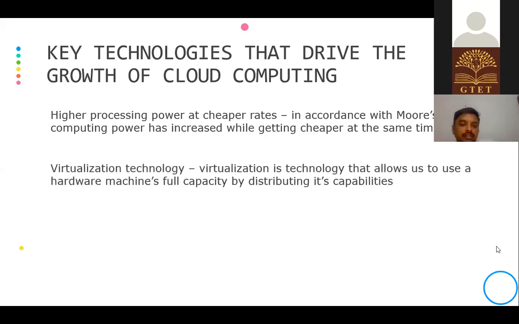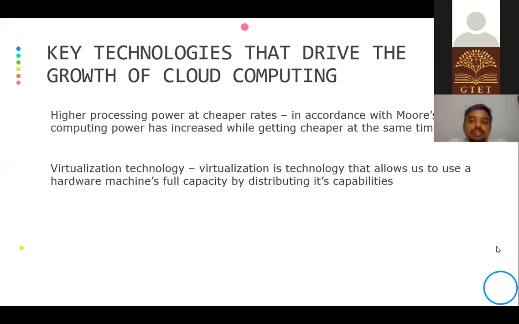The second key technology innovation that has driven cloud computing is virtualization technology. What is virtualization technology? Virtualization technology was developed in the 1960s to enable multiple users to access the same hardware at the same time.